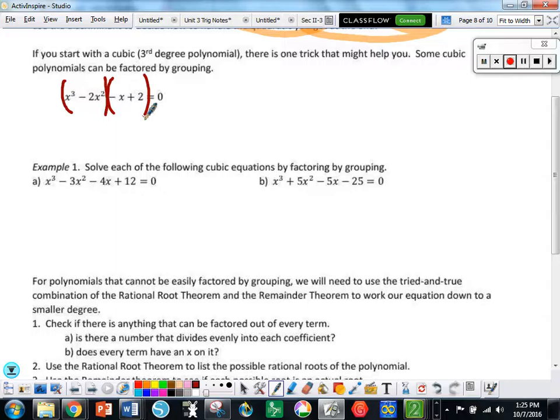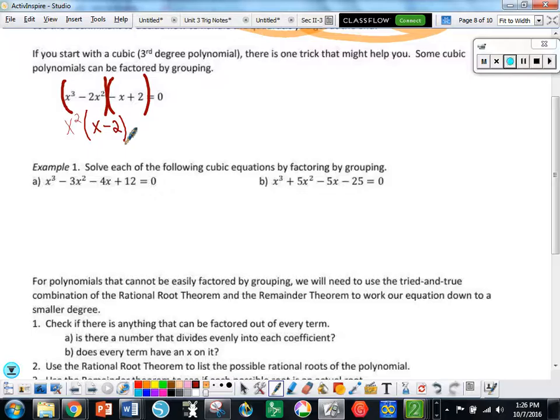So we'll group those first two. Out of the first group, what do they have in common? An x squared. What are we left with? x minus 2. In the second group, what are we going to have to pull out?